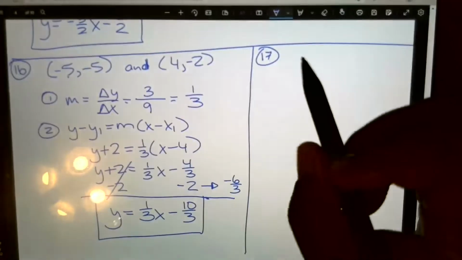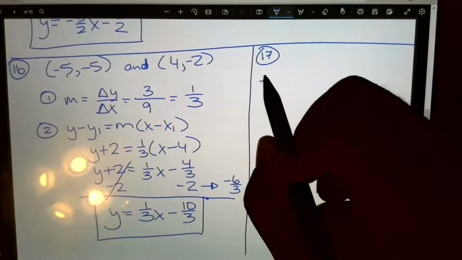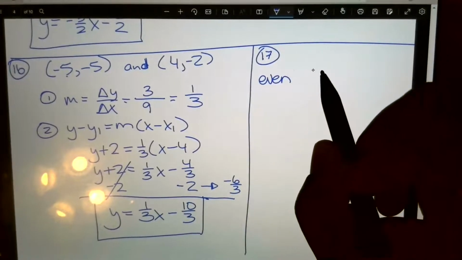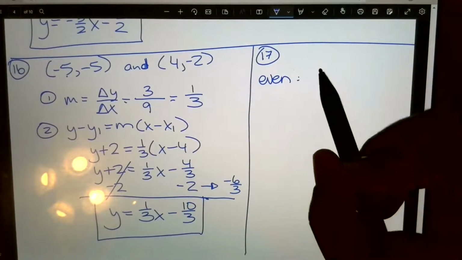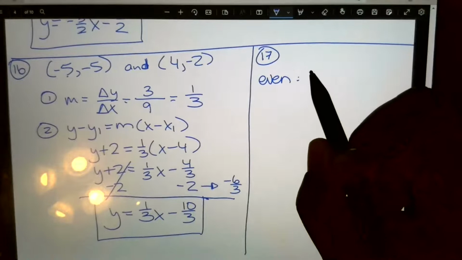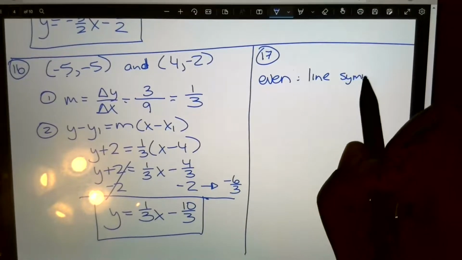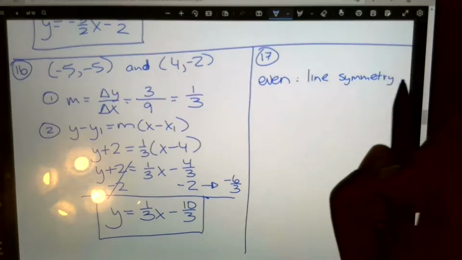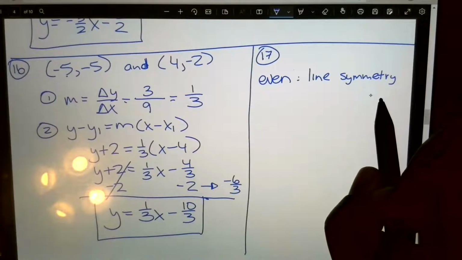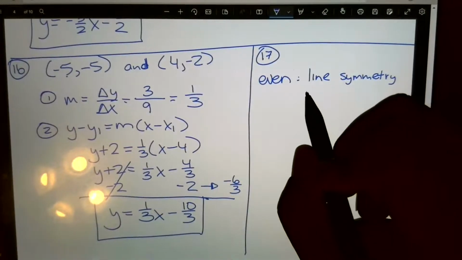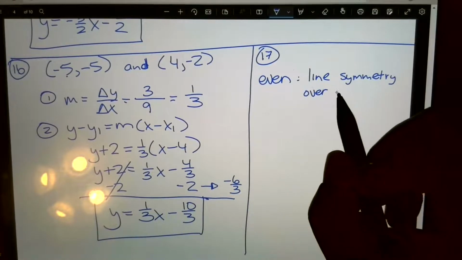17. All right. An even function means it has line symmetry over the y-axis.